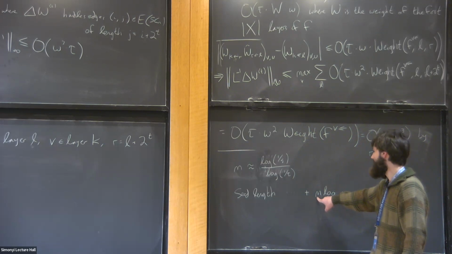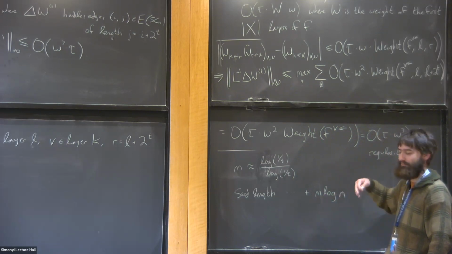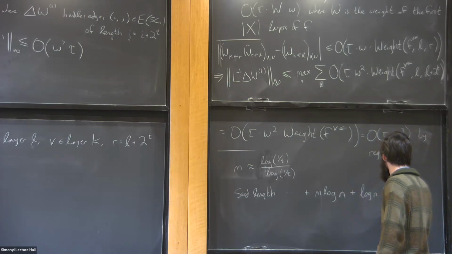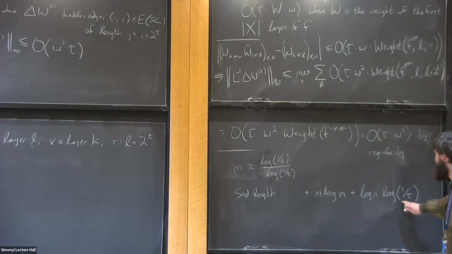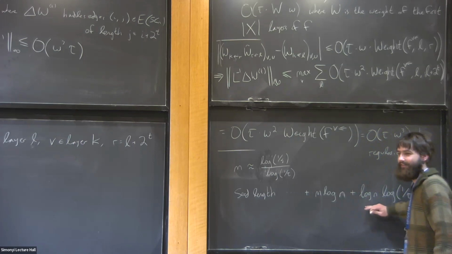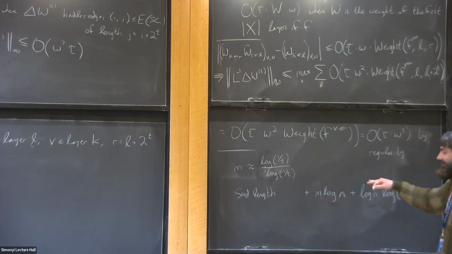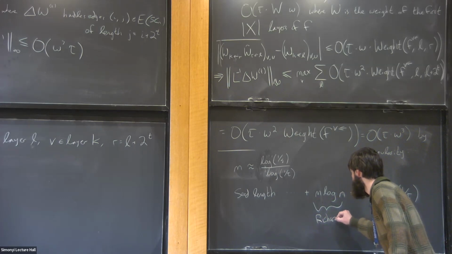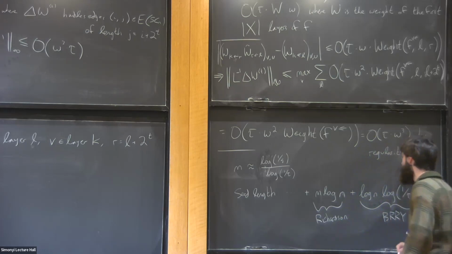So we don't want to take m to be too large, but we also don't want to take tau to be too small, because the seed length also involves this BRRY seed length that has a log n times log 1 over tau. If we take tau to be very small, we'll pay from the BRRY seed length, and if we take tau to be very large, we'll pay for this error reduction seed length. So the 2 to the minus square root log n balances these two terms. This is from Richardson iteration, and this is from our base pseudorandom generator.